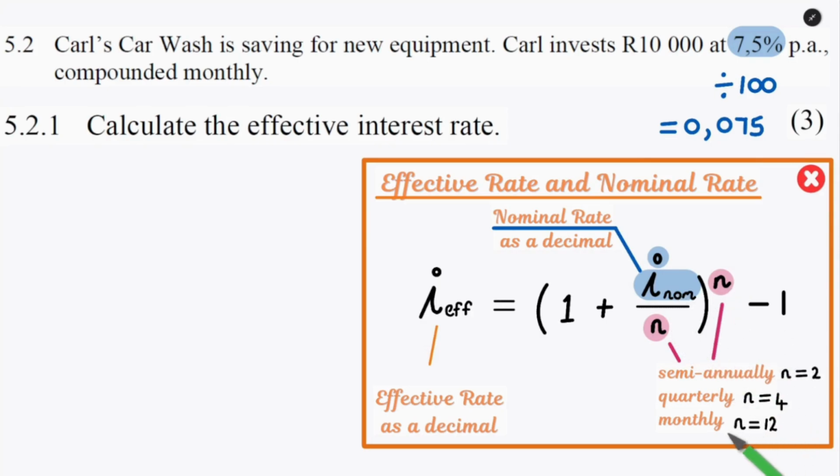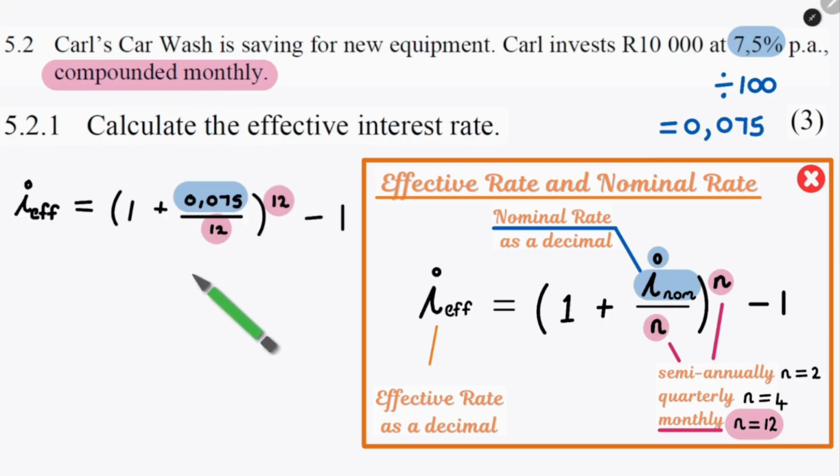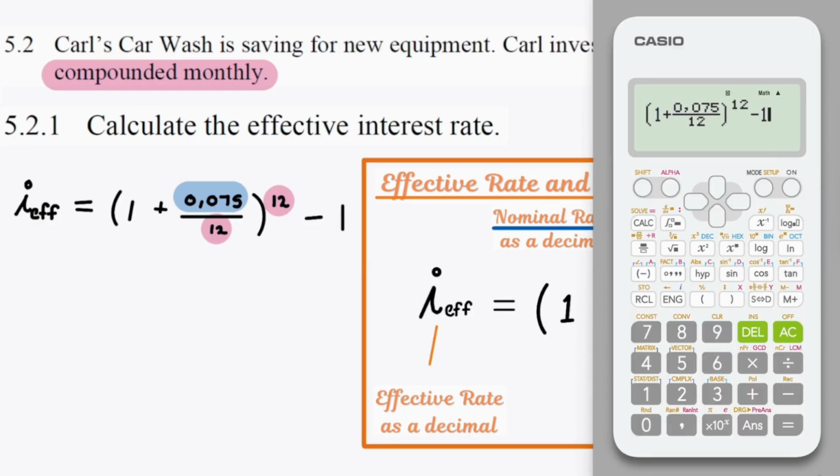Now the n, I'm going to choose the monthly option because it is being compounded monthly, and then we just pop all those goodies into the formula. So we replace our n's over here with a 12, and the 0.075 goes into the nominal interest rate. Now we're just going to put this in our calculator. So we pop it in, press equals, and we get 0.0776.